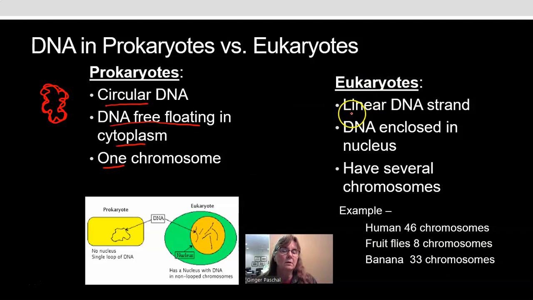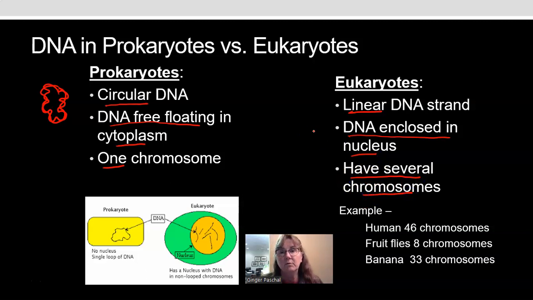In eukaryotes, the DNA is linear. It's a long strand. When I was talking about coiling up that single string of yarn, a straight string of yarn would be very much like DNA in a eukaryotic organism. DNA is enclosed in the nucleus, and generally eukaryotes have several chromosomes.